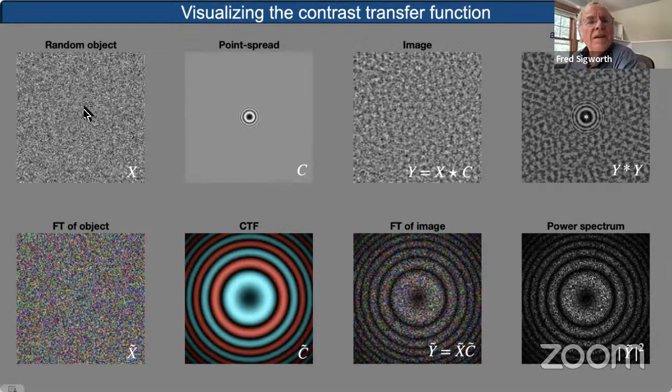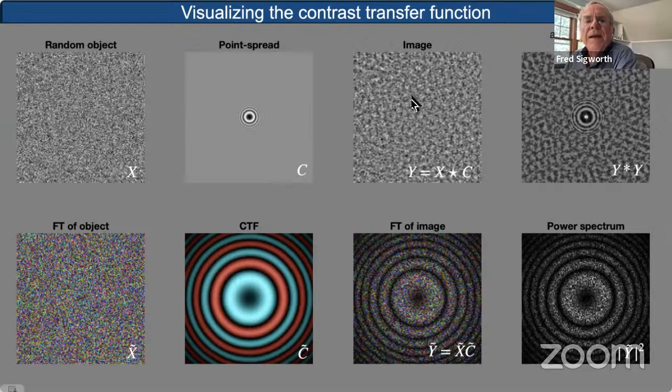So what we do is we have a random object. We take its Fourier transform, which also looks like a random object. We have the contrast transfer function. We take the product of the two, and this is what we get. We get the beautiful colored random phases, and there are zeros here, which are the zeros of the CTF.